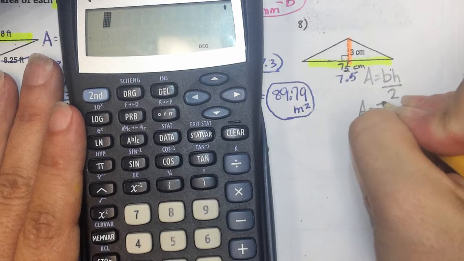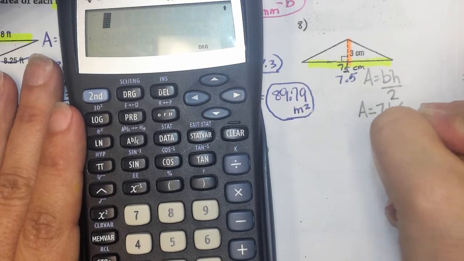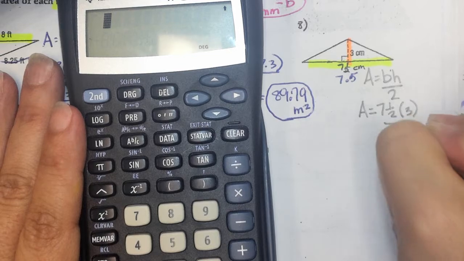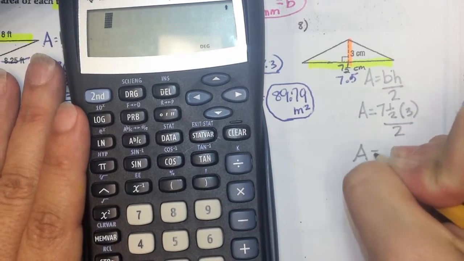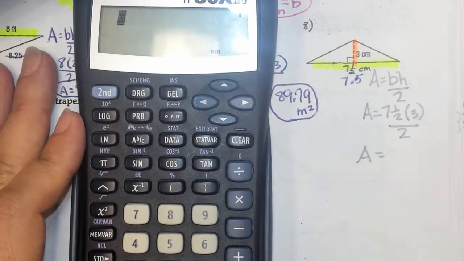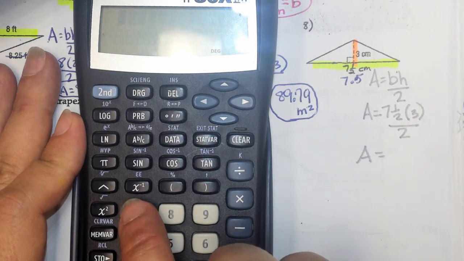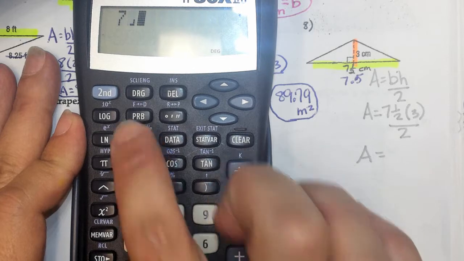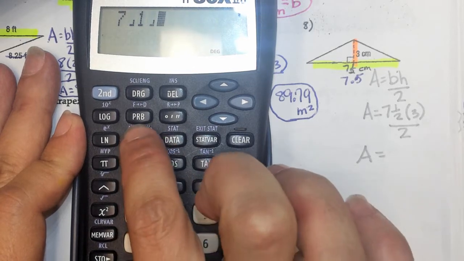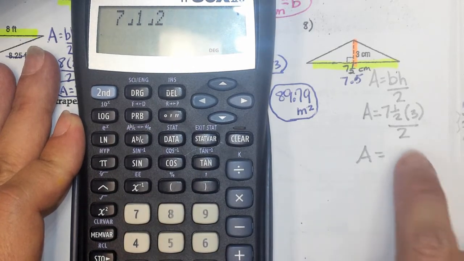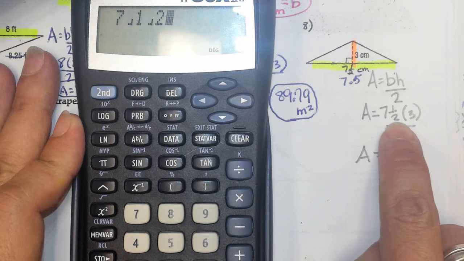So, if you did 7.5 times 3 divided by 2. Now, I'll do my best to show this on the projector, but when you key in 7.5, you do 7 ABC 1 ABC 2. That represents 7.5.